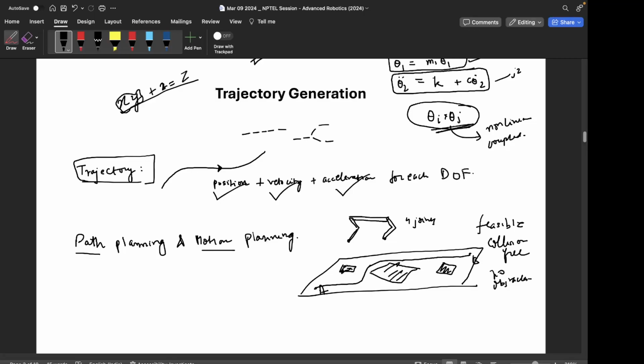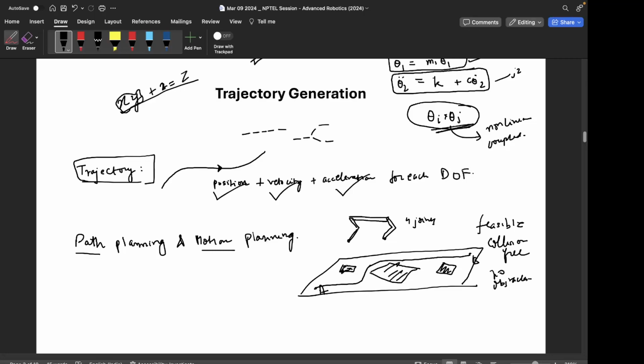So for this four joint quadruped which I have drawn here, when I say that I have done motion planning for this and for this given path, then the information that you would expect out of me is that I can give you how each joint should move.